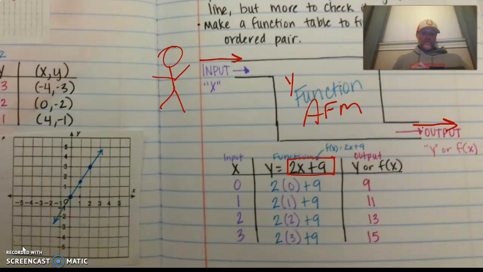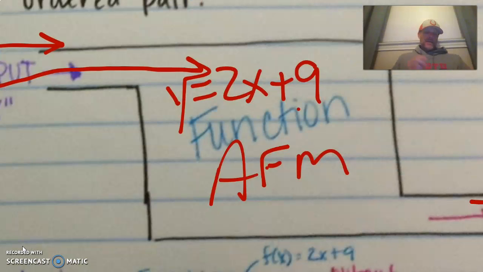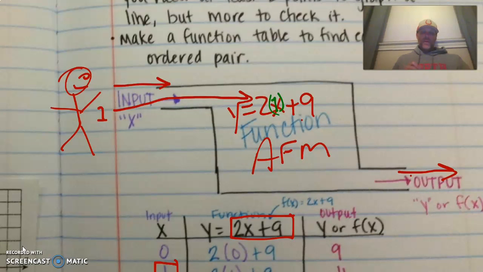If we look down below, like this one right here, the function is actually y equals 2x plus 9. You're going to put in an x. So if you put a 1 in there, you're standing over here all happy, and you put a 1 in, that x is not an x anymore, it's now a 1, and so the function would do 2 times 1 plus 9.